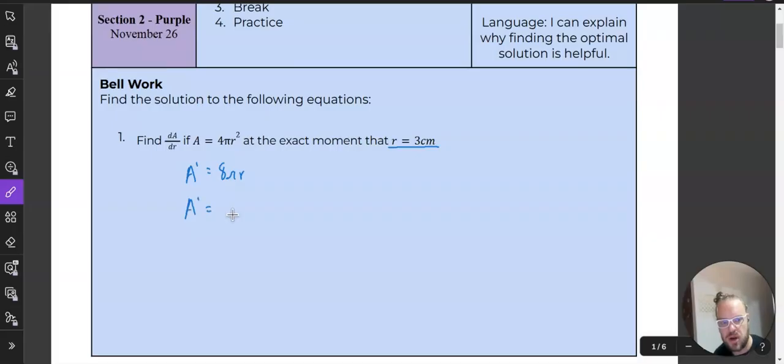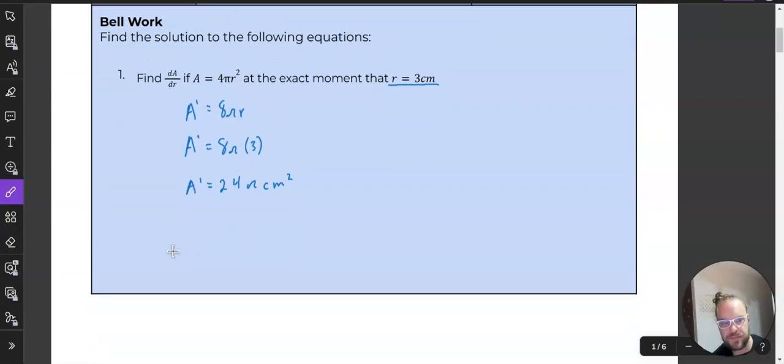So A prime is going to be equal to 8 pi, and instead of the radius, we're going to say 3. And so we will get 24 pi. Now, we should also put our units in there, so 24 pi centimeters squared.